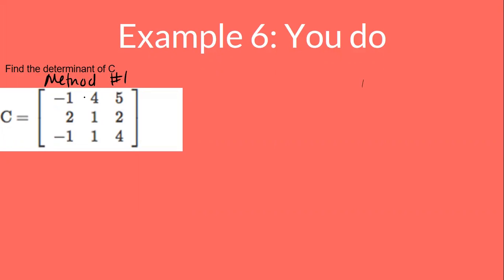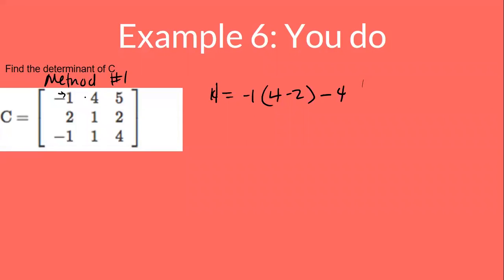So method number 1, you're starting with -1. So you have -1 times, and then pretend that it's blocked out. And that'll be 1 times 4 is 4. 2 times 1 is 2. Plus, then minus. Then my next number is 4.